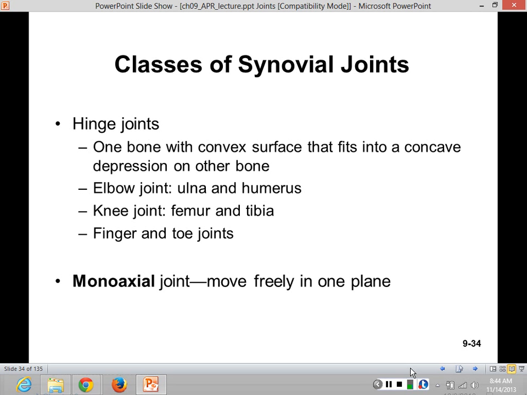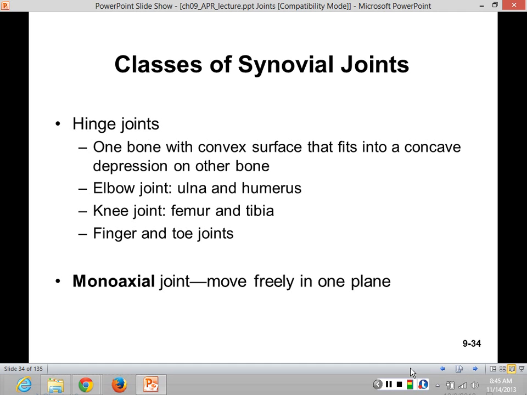You have a medial and a lateral. Condyles meet condyles. Condyles are married to condyles. Okay? And, of course, like I say, you have your fingers and your toes. So those are hinge joints.